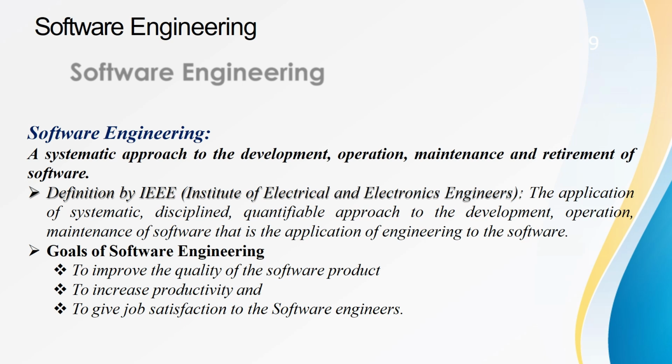These are the three points mentioned as goals of software engineering. Every software engineer has to keep all these goals in mind. If a software product satisfies all these goals, then it will be a high quality software product. A software engineer's duty is to deliver a high quality product for customers, so we have to follow these goals in software engineering.